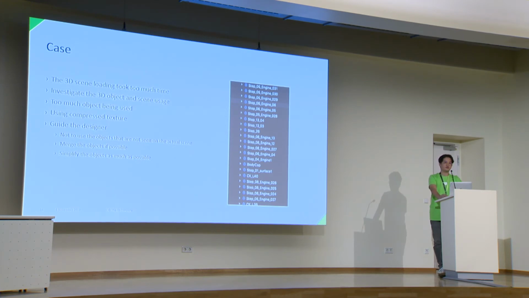We found out that all the objects which are not really visible in the actual 3D scene are also loaded, which makes the loading time very slow. So we found out which objects are not visible in the actual scene and guided the designer to remove those objects.